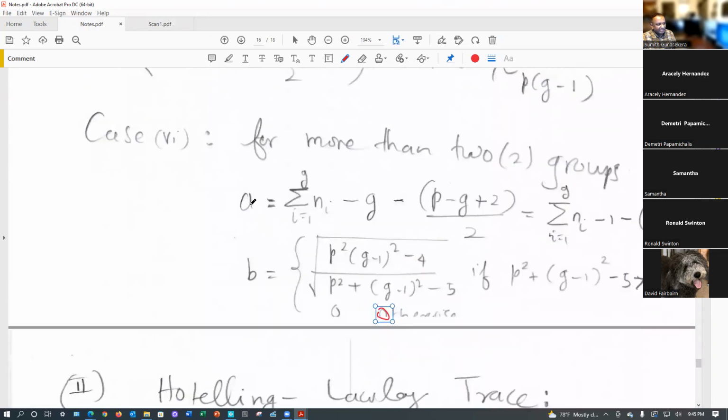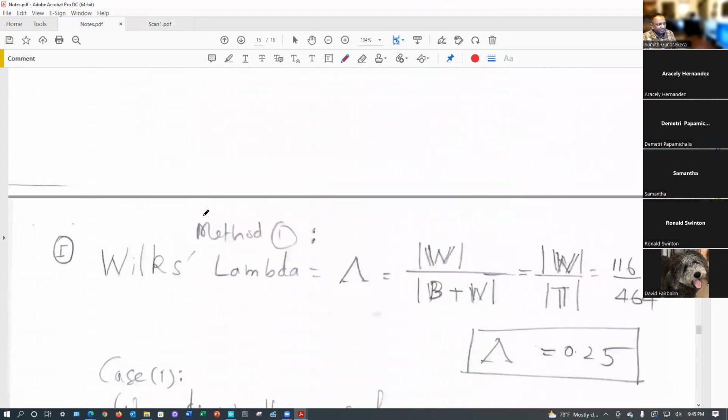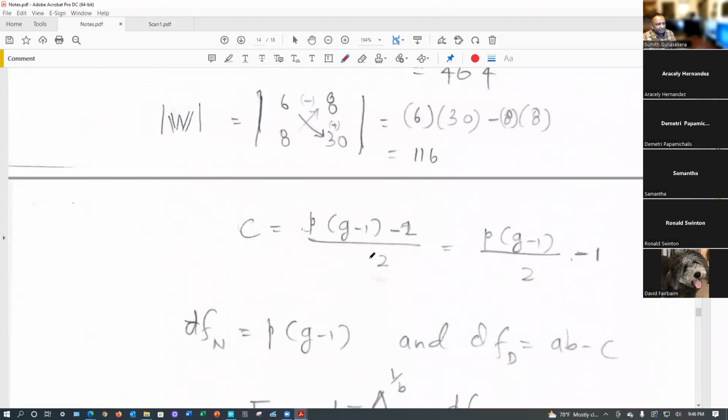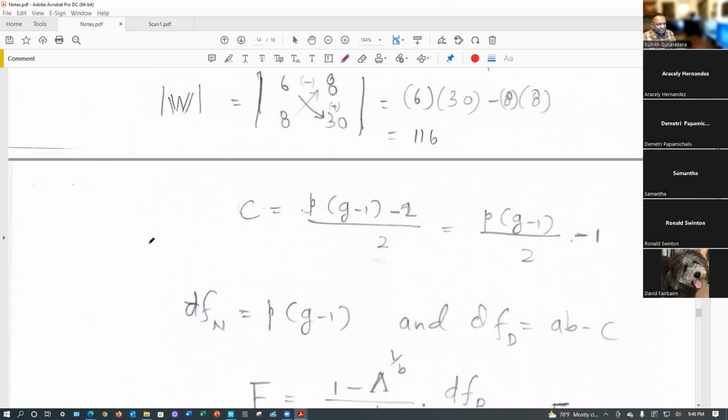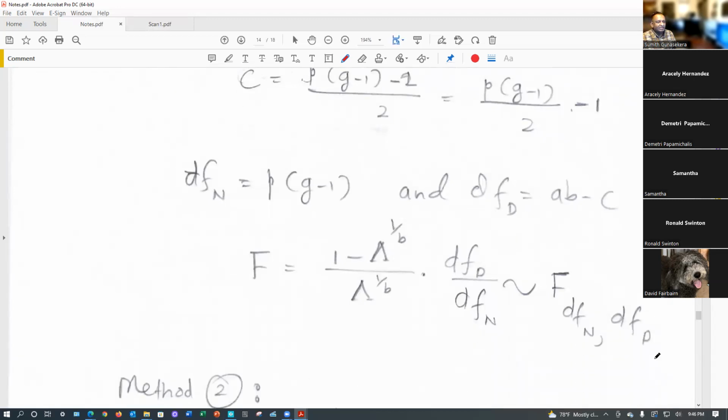We're not done yet. This is C, for more than 2 groups for the Wilks lambda. Then your degrees of freedom of the numerator is nothing but P times G minus 1, and the degrees of freedom of the denominator is AB minus C. This is how they are related.